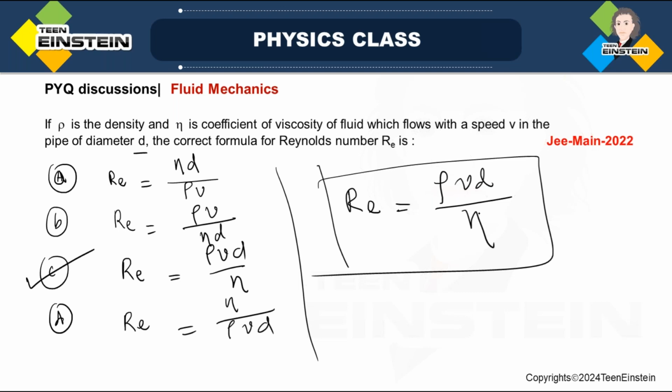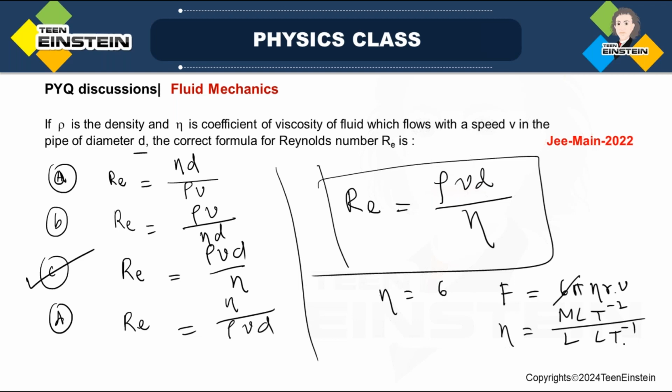If you do the dimensional analysis, then also you can find out. Suppose for eta we know Stokes' law, F is equal to 6 pi eta r v. From here we can find out the dimension of eta. So eta will be F divided by rv, that means M L to the power minus 2, r is L, and v is L to the power minus 1.